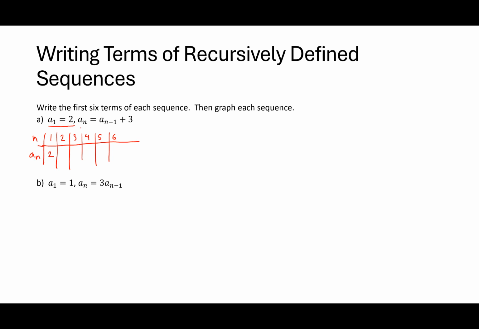Now, here is where it tells me how to find the next one. So if I want to find a sub 2, that would be our next one. This is telling me, well, find a sub 2 minus 1, or in other words, find a sub 1. Well, I know what a sub 1 was. It was a 2. And then add a 3 to it. So adding 3 to 2, I would get a 5.